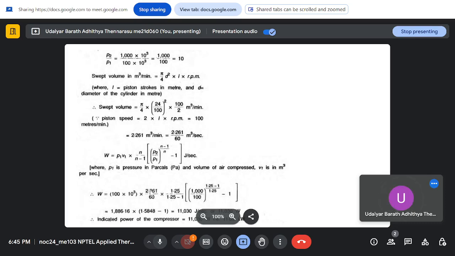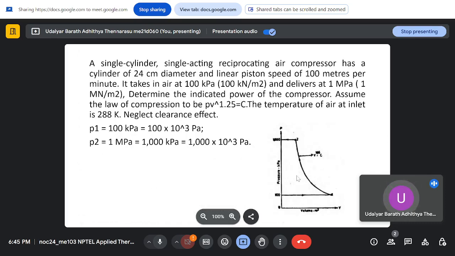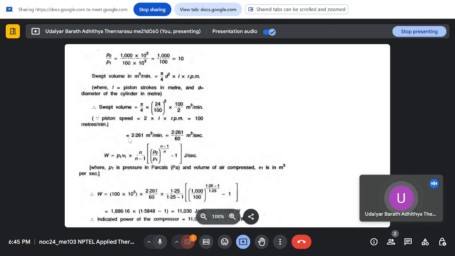Assuming this is an ideal compressor, there is no clearance volume here, so whatever volume is flowing is the swept volume. So V1 is the swept volume here, into n by n minus 1.